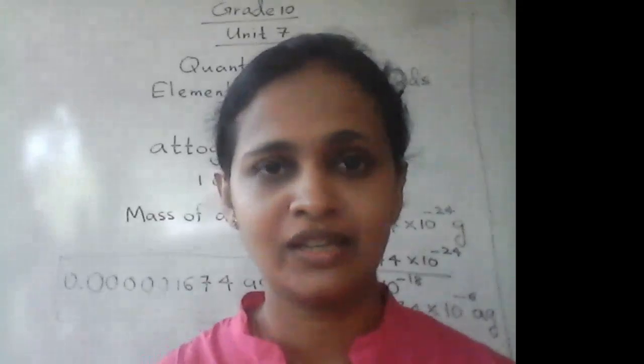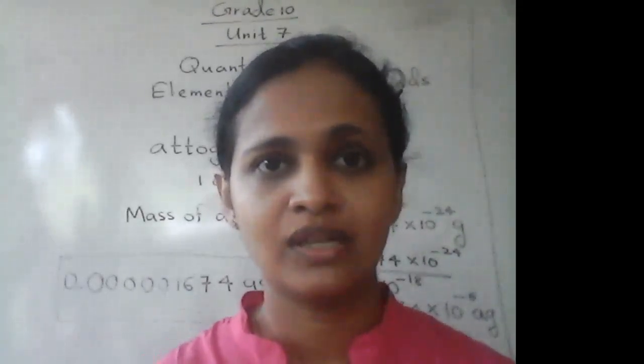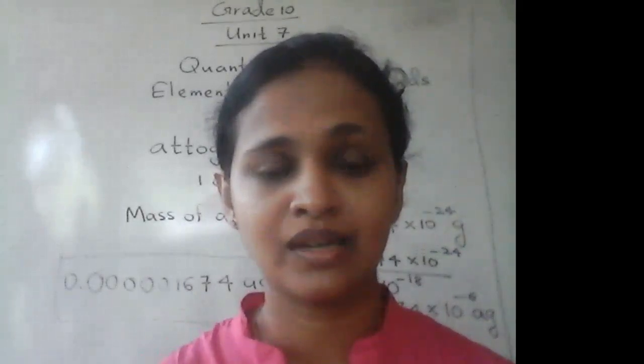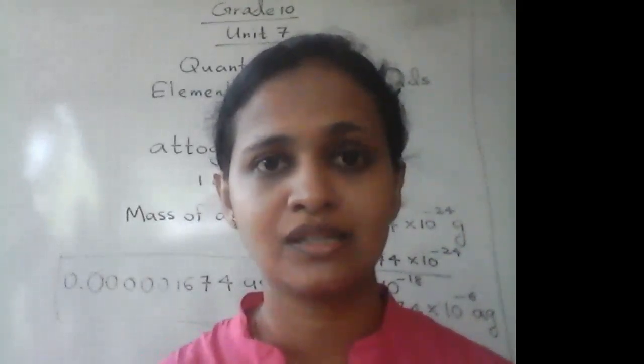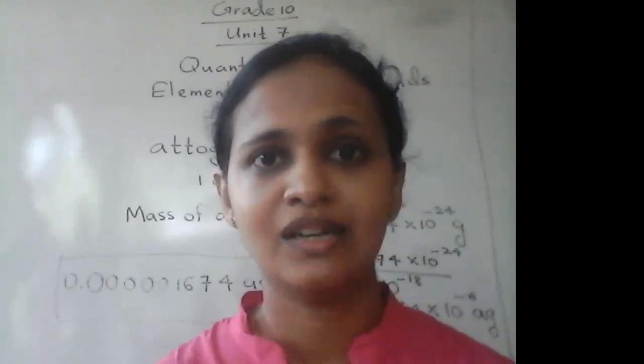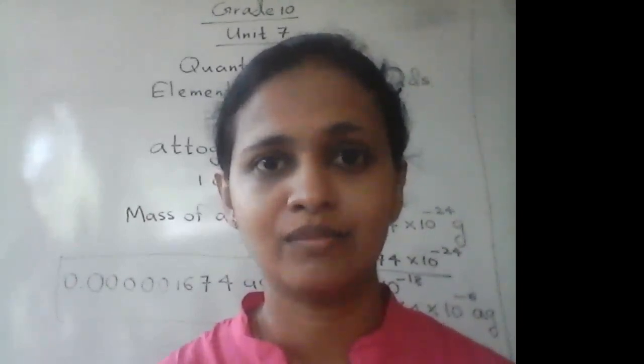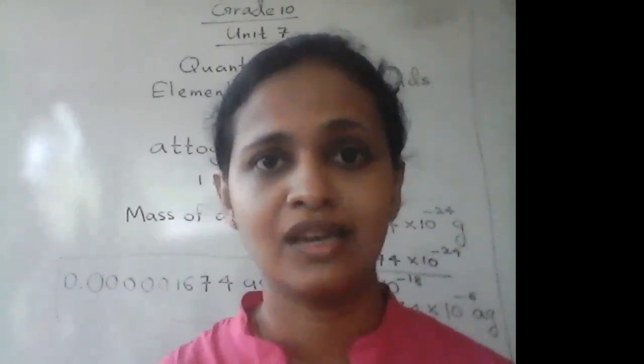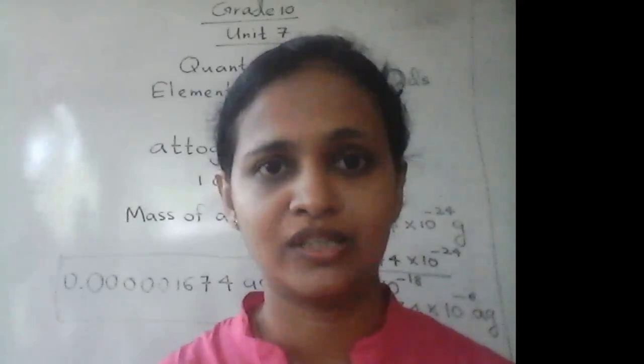Likewise, we need a standard unit to present the masses of atoms relative to that particular standard unit. That is what we call the relative atomic mass. For that, the unit needed is the atomic mass unit.